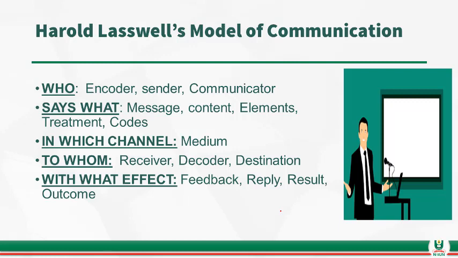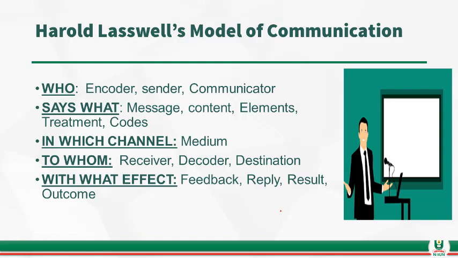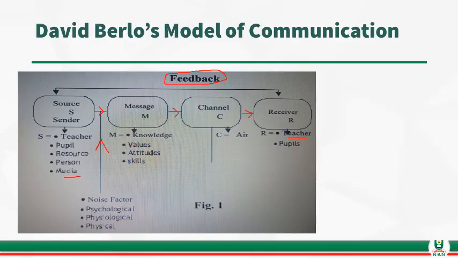That is what was said, and in the diagram we have it as says what. So in which channel? The channels are the medium. If you remember, in the David Berlo communication model, we have the channel as the medium or media through which the communication is processed.